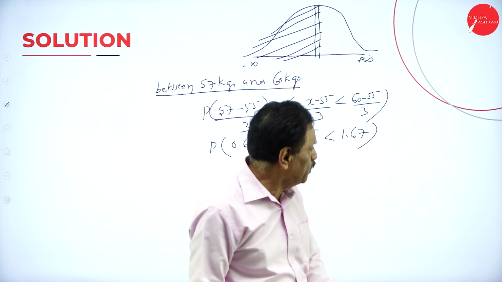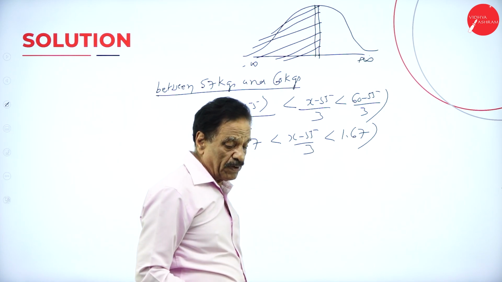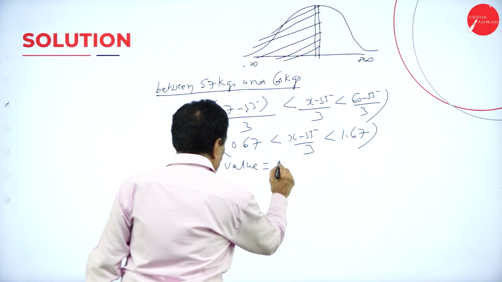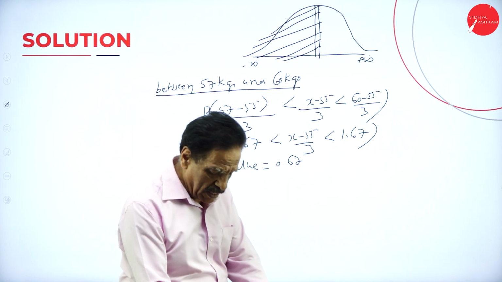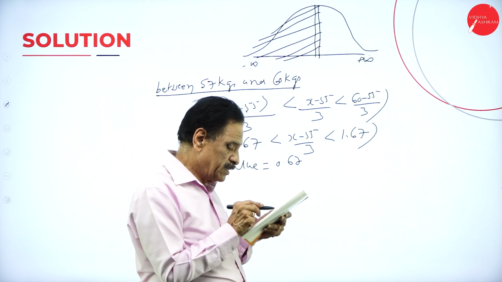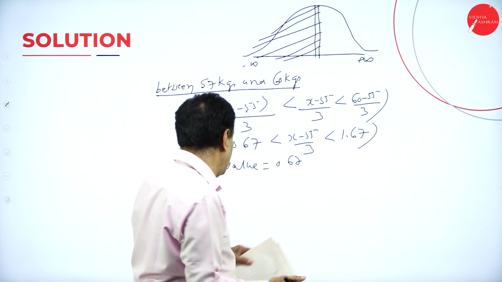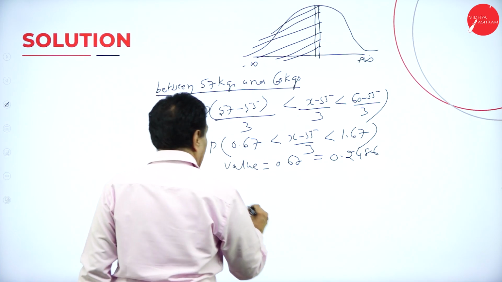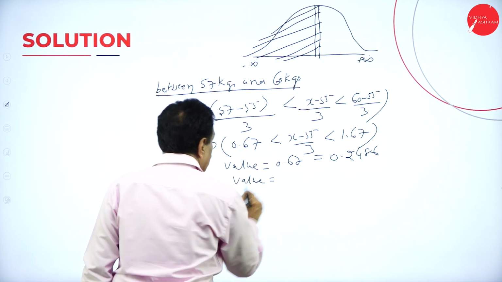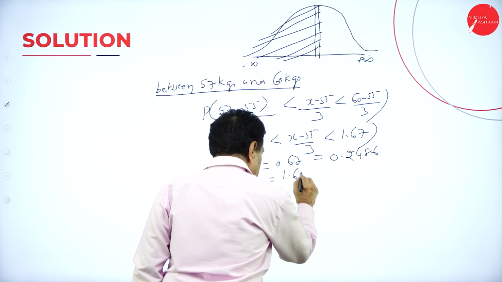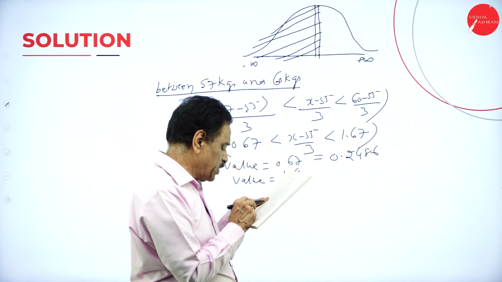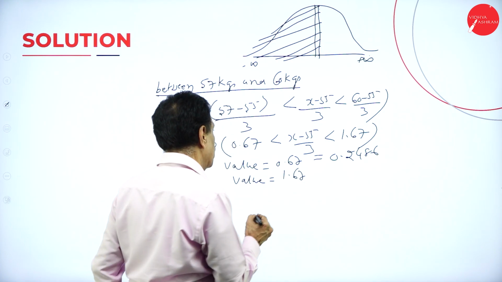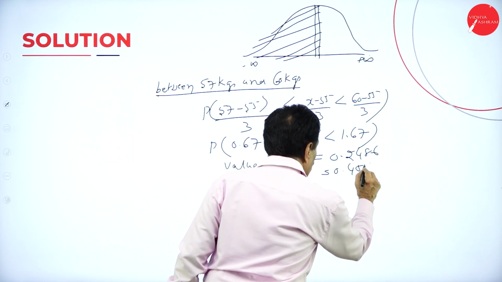So, you have to find out the value. What's the value for 0.67? The table value is 0.2486. For 1.67, the value is 0.4525.